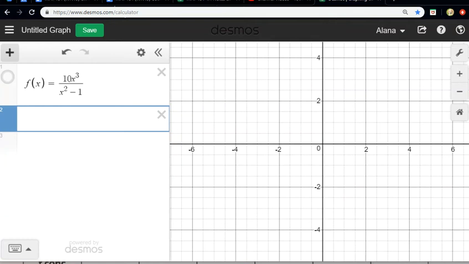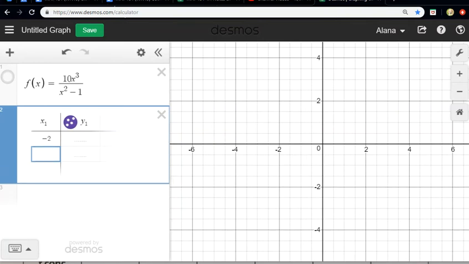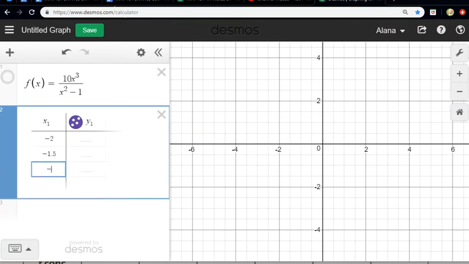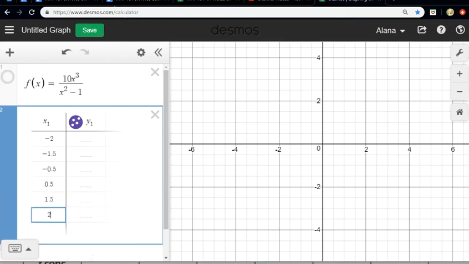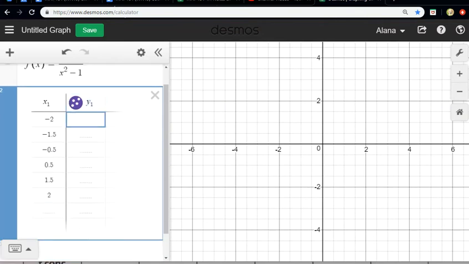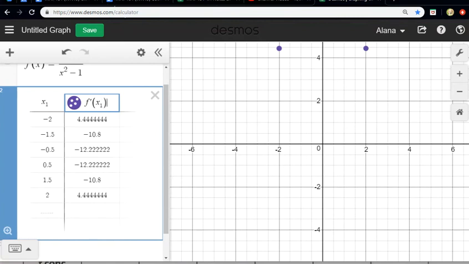Okay, so then I want the table. So what I'm going to do is put in a table right here, and I'm going to put in my values. So I had negative 2, negative 1.5, negative 0.5, 0.5, 1.5, and 2. And what I can do is tell it over here, instead of y1, f prime of x, and then to do 1, I just hit the number 1, close parentheses.